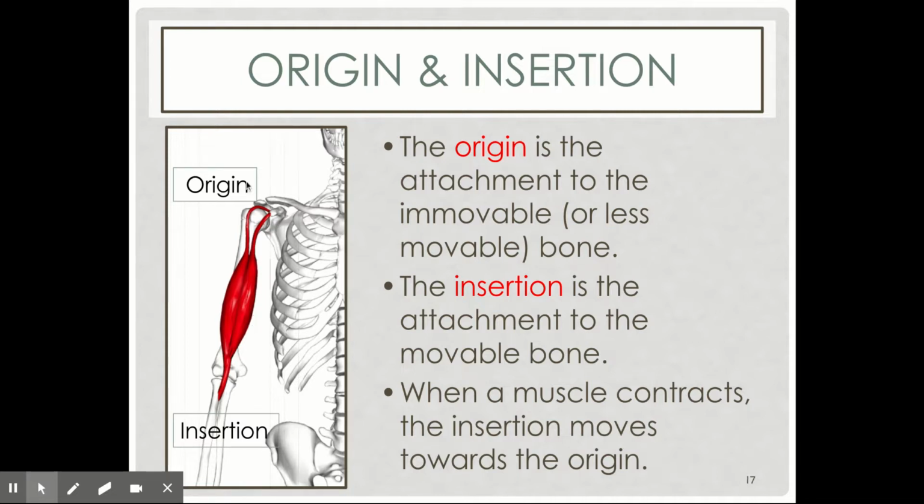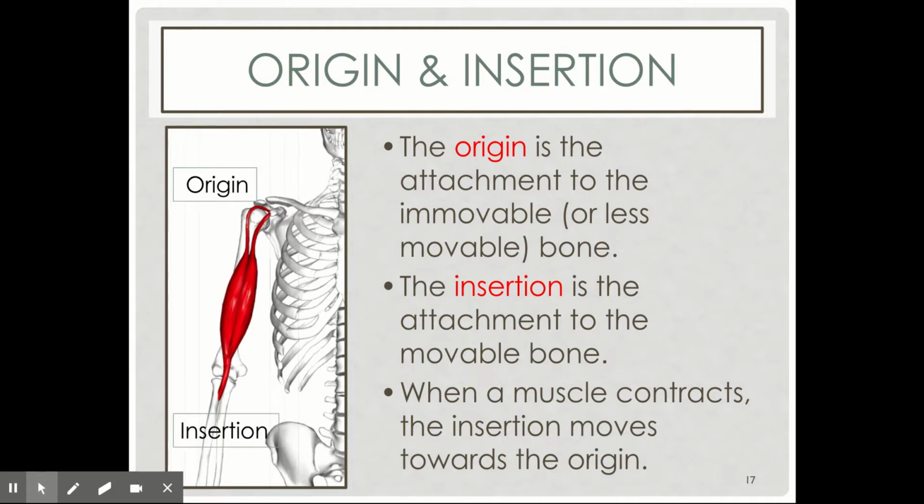So the origin, that is the immovable bone. Okay, so when you're thinking about your bicep, what happens when you flex or contract or make longer? What happens when you do anything to your bicep? Okay, in order to move your bicep, you have to move your arm up or down, or the lower portion of your arm up or down.